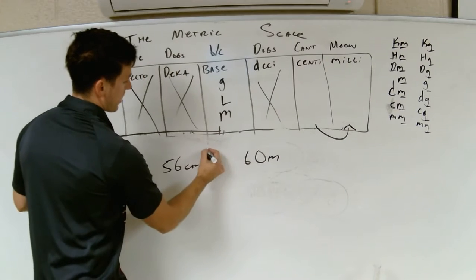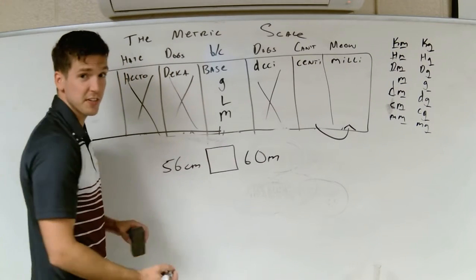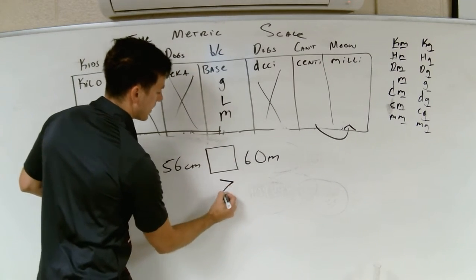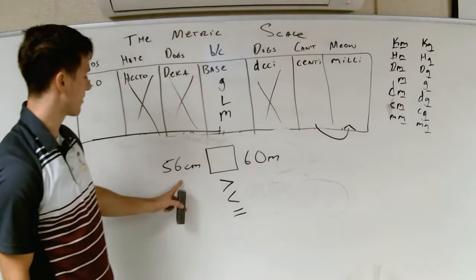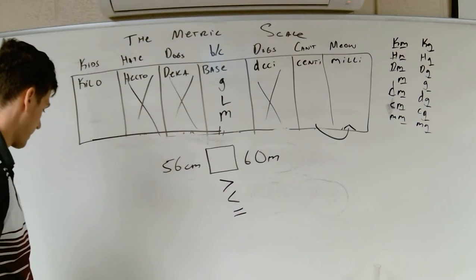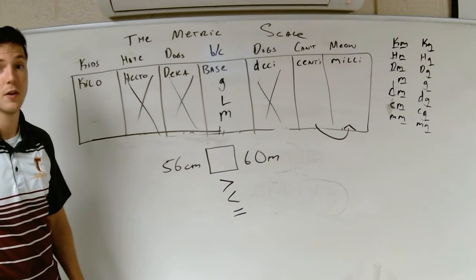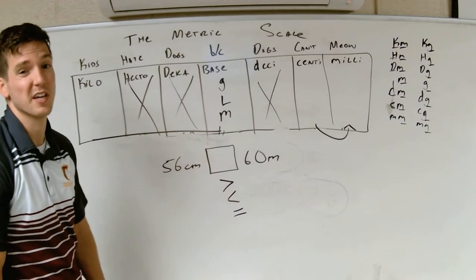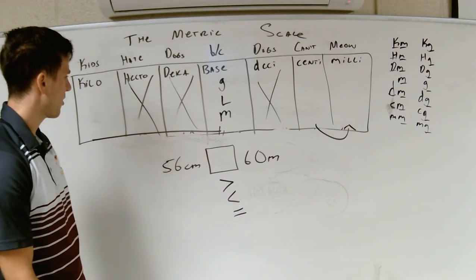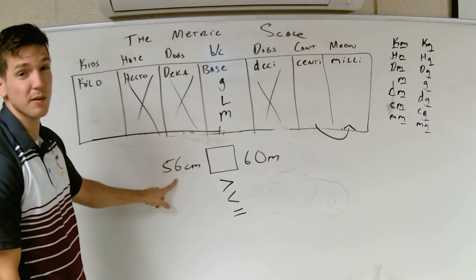So I have a box here, and you're either going to put the greater than, less than, or equal to sign. Which one is bigger, 56 centimeters or 60 meters? Well, all we gotta do here is get these to the same unit so that we can compare them. Let's get centimeters to meters.